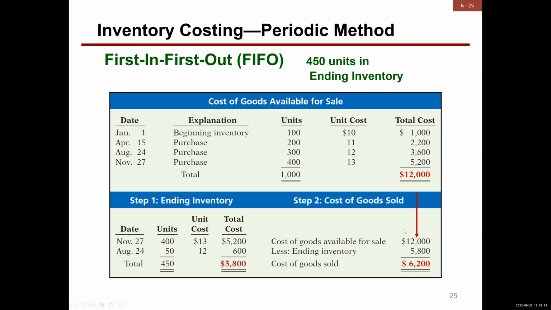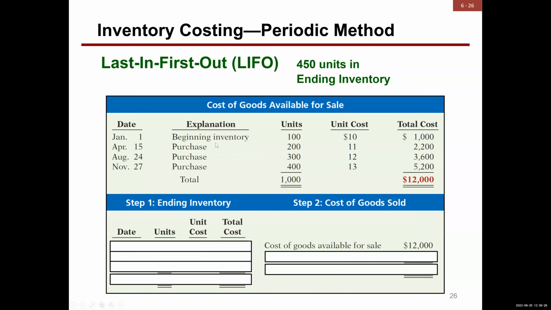All right, let's go ahead and do LIFO. Again, 450 units. Well, which ones went out? Last in, first out. These down here went out. So the ones up here are remaining in the inventory.